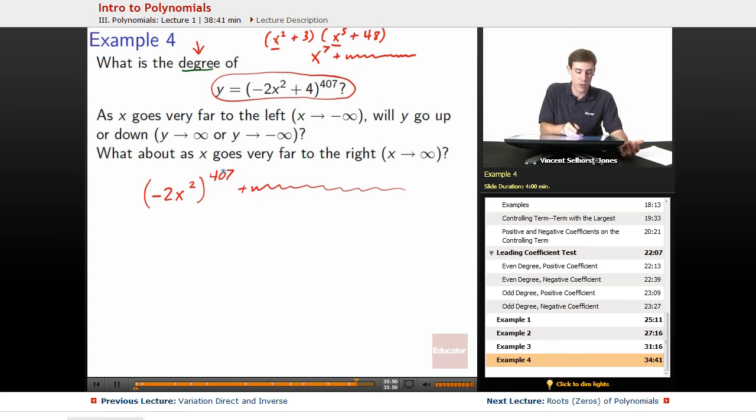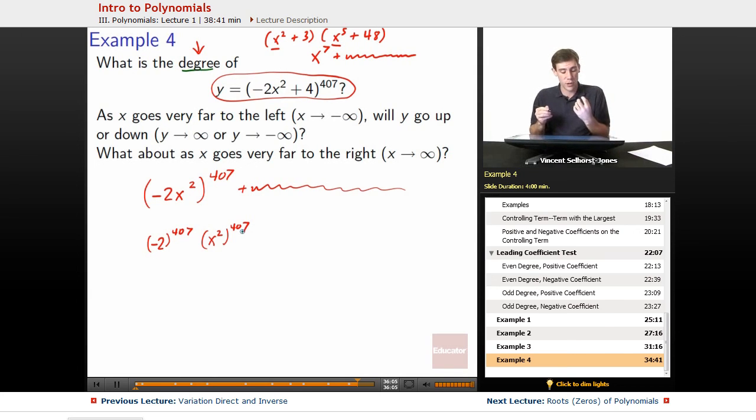So for negative 2x squared to the 407, well, we distribute that: negative 2 to the 407, x squared to the 407. If we've got 407 x squareds, then it's x squared times x squared times x squared times x squared. So it's going to be the same thing as x to the 2 times 407, because they're going to iterate that many times. It's going to hit that many times.